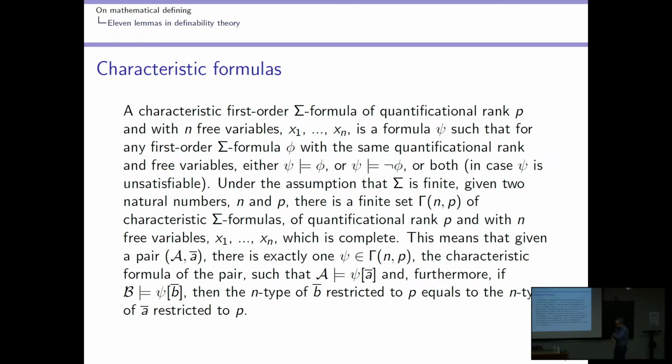That is all. We have infinitely many n-types in general, but if we restrict the quantificational rank to a certain P, then there are only finitely many n-types up to P, in the case of a finite signature, right?